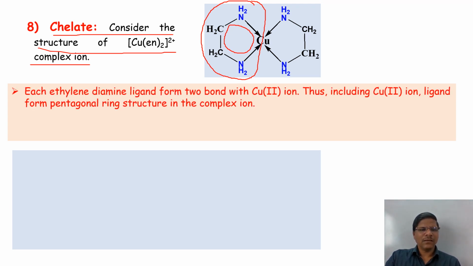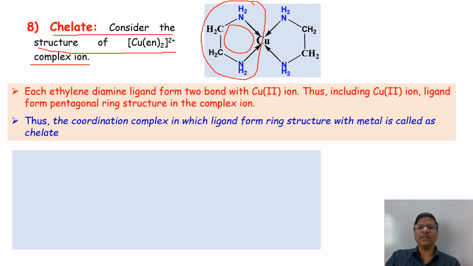Thus, a coordination complex in which the ligand and metal together form a cyclic or ring structure is called a chelate. When the ligand is bonded to the metal, there is formation of a cyclic or ring structure.